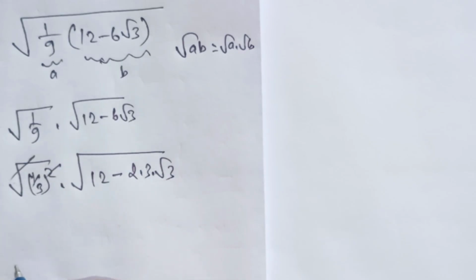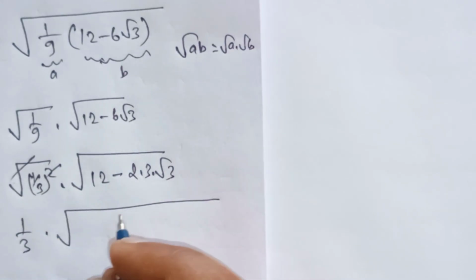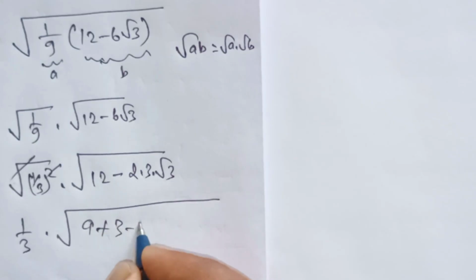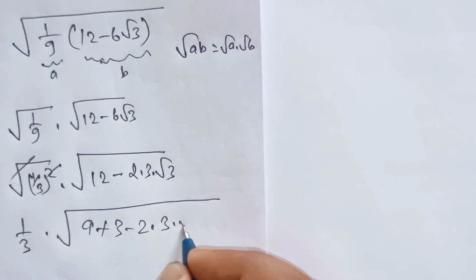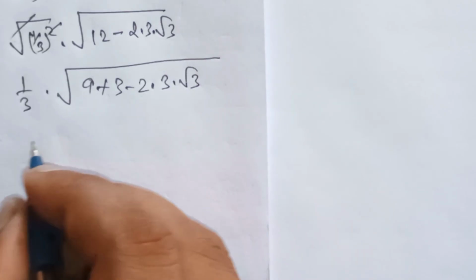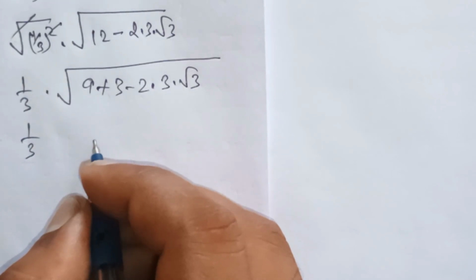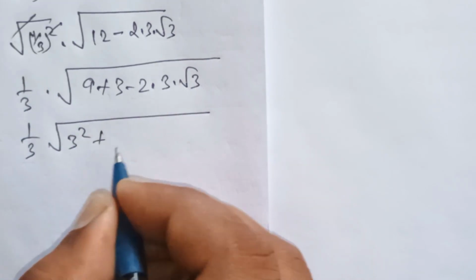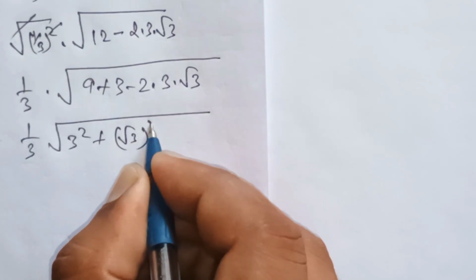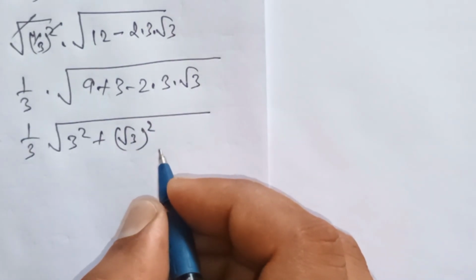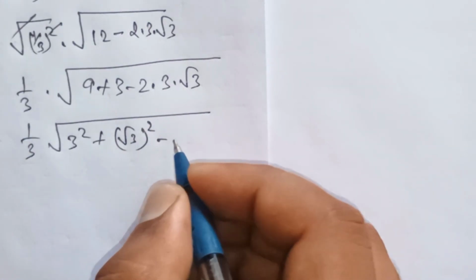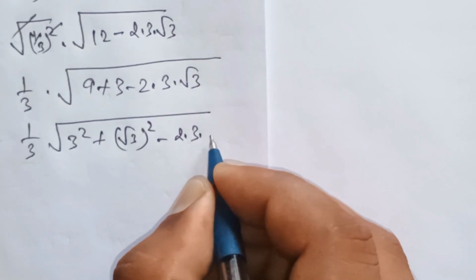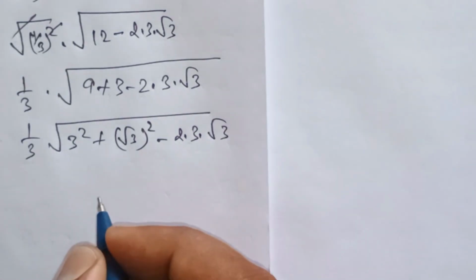Root square cancels, left with 1 divided by 3 into root under 9 plus 3 minus 2 into 3 into root 3. Therefore 1 divided by 3 into root under 3 square plus root under 3 whole square minus 2 into 3 into root 3.